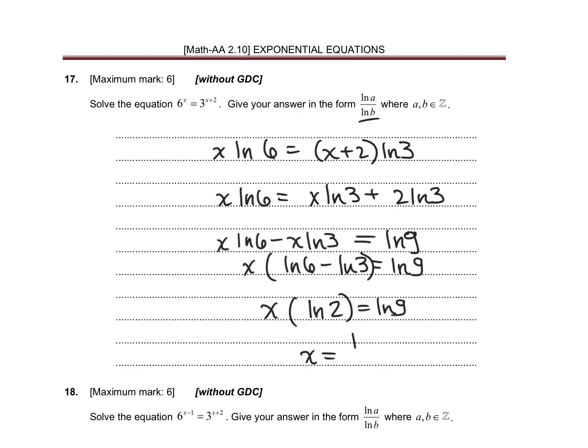So now we've just got natural log 9 over natural log 2.